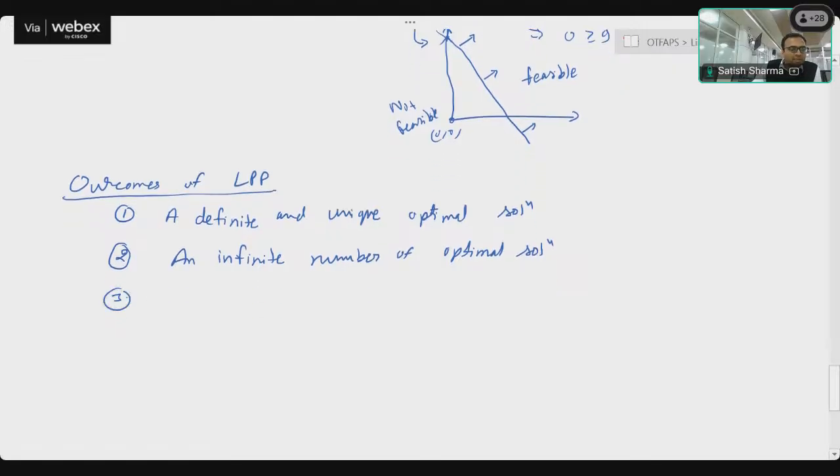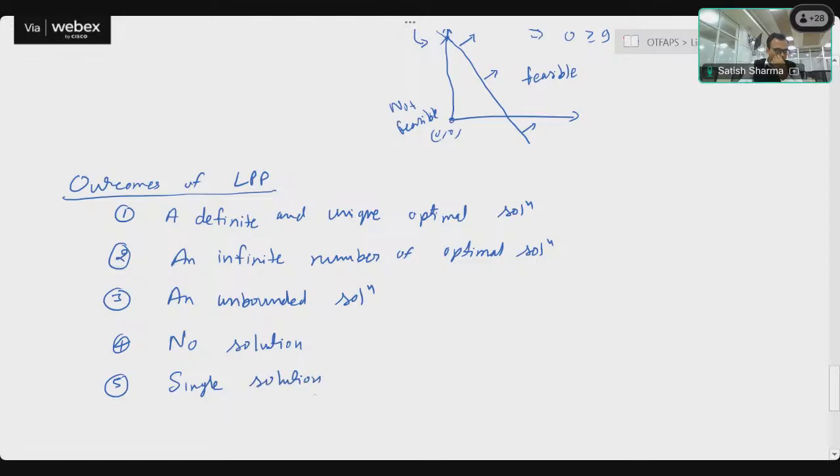Then we have a third case, which is the unbounded case, an unbounded solution. Then a case is possible when there is no solution at all, and sometimes another, which is basically a single solution.